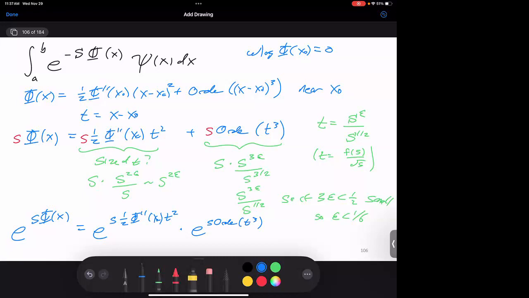Goes to 0. So what does this piece go to? So this piece goes to 1. So this goes to 1 as s goes to infinity if t is less than s to the 1/6 over s to the 1 half. So what we're saying is that the error in dropping those higher order pieces is insignificant if we go all the way up to s to the 1/6 over square root of s.